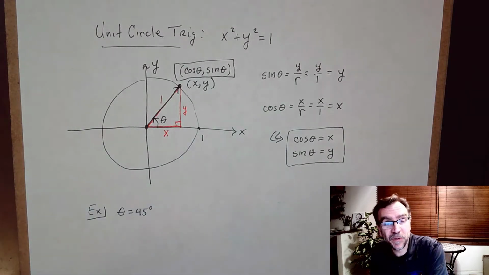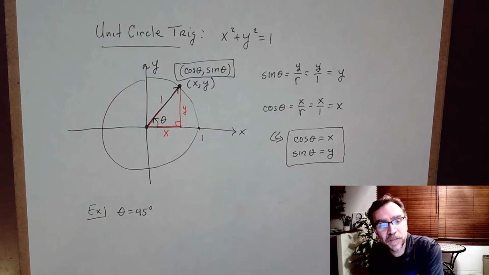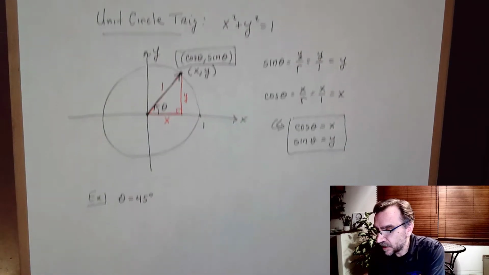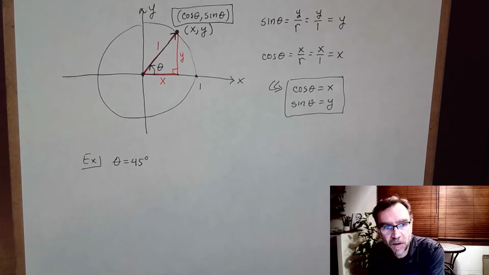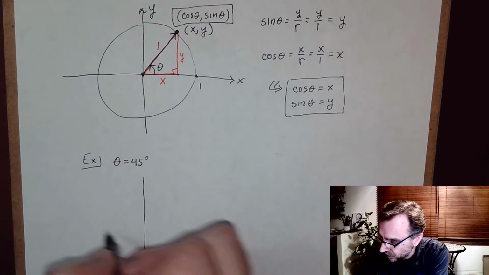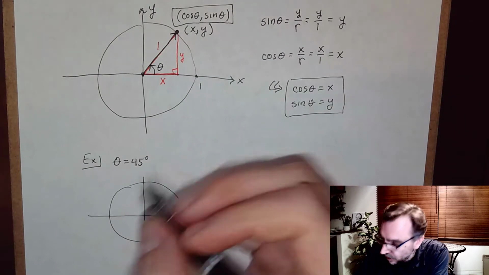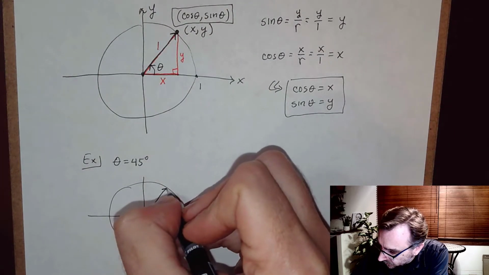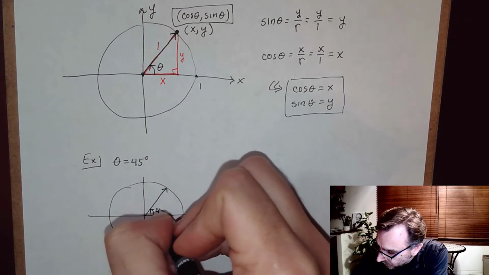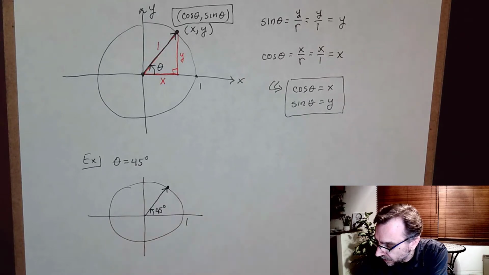Okay, let's do an example here. We have theta equals 45 degrees, and let's explore the point that we get on the unit circle. So again, I'll just draw a unit circle here. The radius is 1. This time we'll mark out specifically 45 degrees. And what we're after is this point right here.